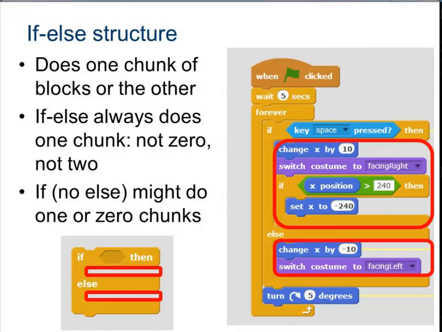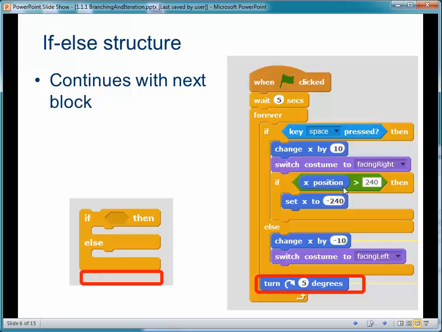The red chunks of code in these 2 figures show you the if chunk and the else chunk in an if-else structure. After an if-else structure finishes executing the if chunk or the else chunk, the computer continues with the very next block. That happens whether or not the if chunk happened or the else chunk happened.